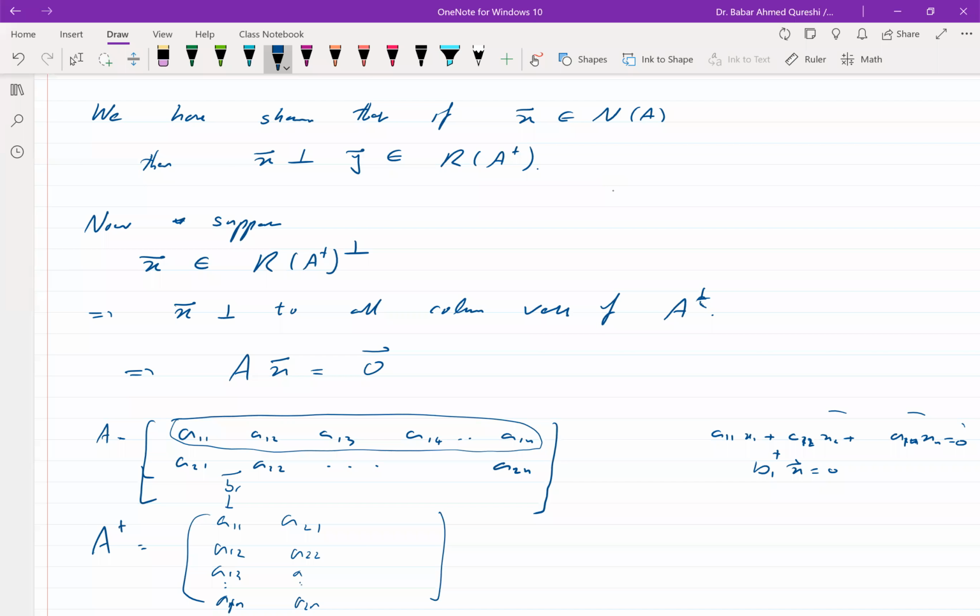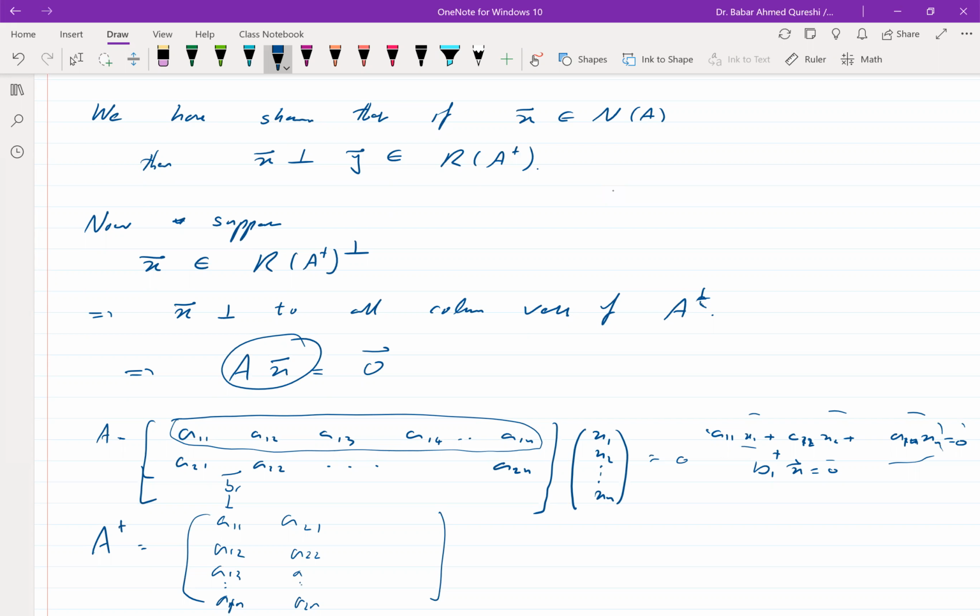But this term is generated when I take, this is again the same computation as I did before, when I take this matrix product over here. So it's telling me that if they are orthogonal to all the columns of A transpose, then this product has to be 0.